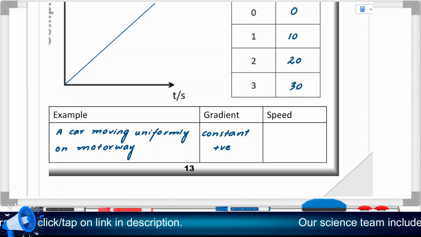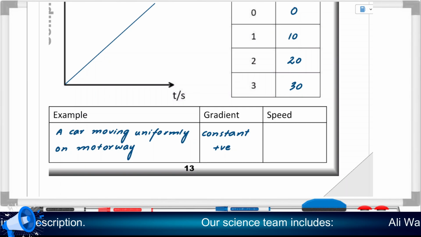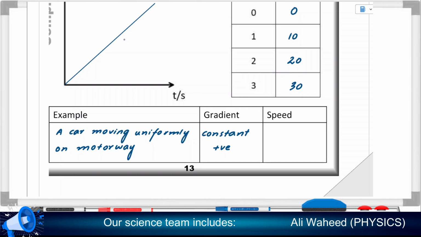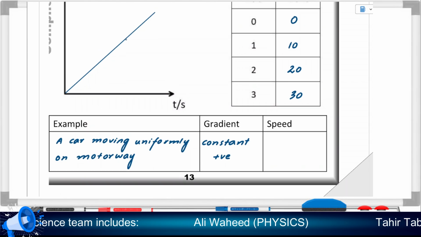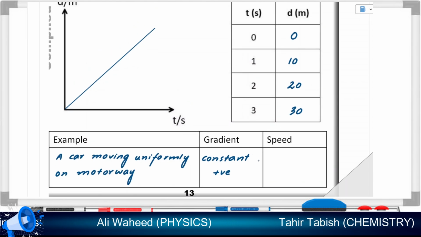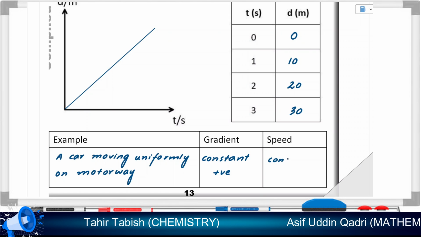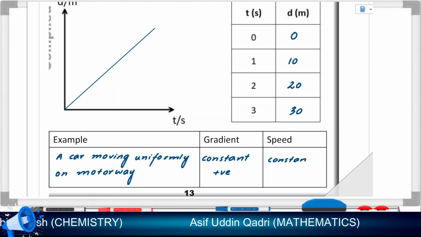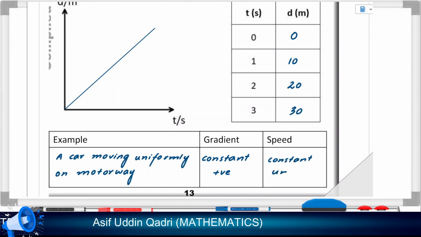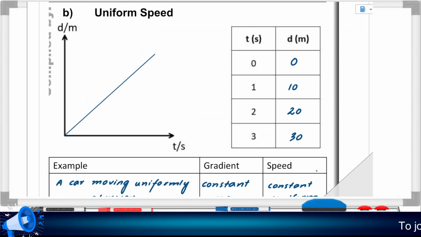So we do have a straight line, so the gradient is constant, and thereby the speed is also constant, which is the same thing as uniform speed. So the object is moving very smoothly with uniform speed.